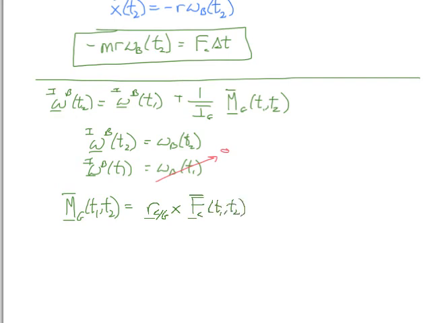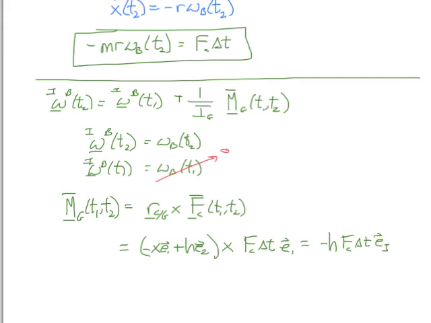And so when we substitute in this expression, we get negative x in the e1 direction plus h in the e2 direction cross with f sub c delta t, and this is acting in the e1 direction. We evaluate the cross product and get negative h f sub c delta t in the e3 direction.